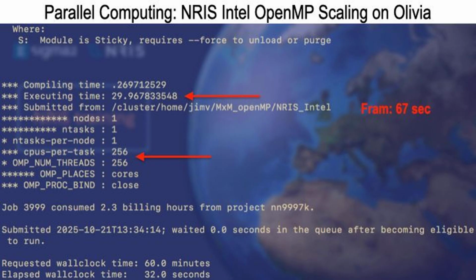On Fram, the same matrix multiplication was completed in about 67 seconds on 32 cores. On Betzy, it took about 40 seconds, and only 32 seconds when using the math kernel library, MKL, on 128 cores.